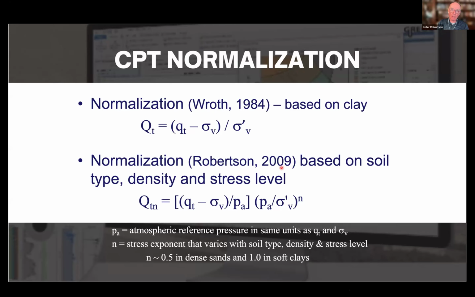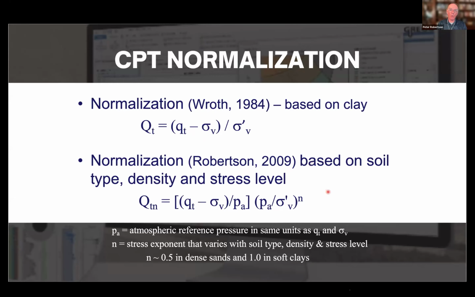And then in about 2009, actually it was a little bit earlier than that, but this is how I eventually finalized it. We recognized that when you push the cone into sands at a constant relative density, the cone resistance doesn't increase linearly with depth, it increases non-linearly with depth.